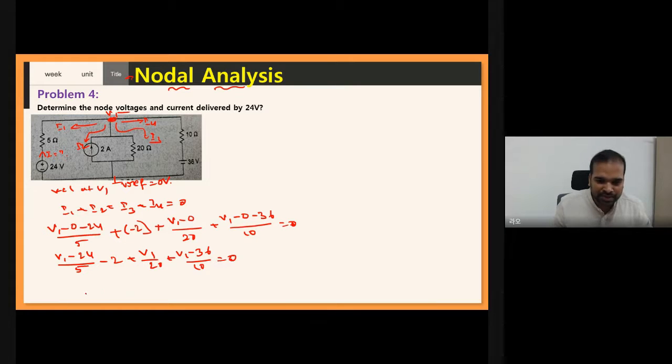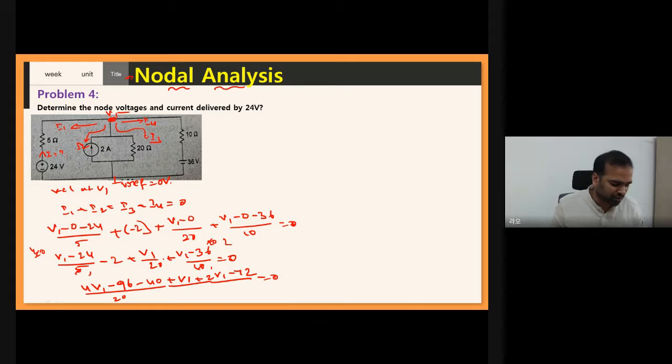Now what is the LCM here? Of course the LCM is 20. So if I write 20 here, 5 ones and 5 fours, therefore 4V1 minus 4 into 24, you will get 96. And 20 into 2 gives 40, plus V1. And if I write 20 here, 10 twos, therefore 2V1 minus 72, 36 into 2 is 72, equal to 0.